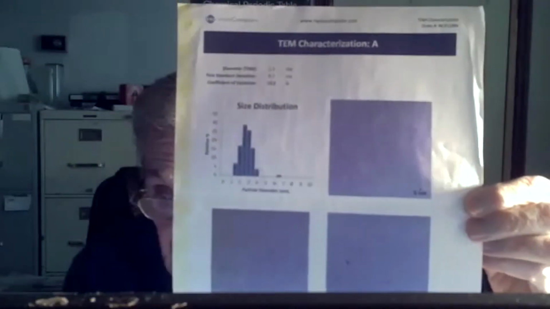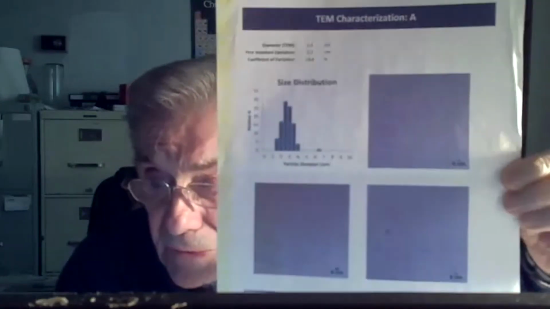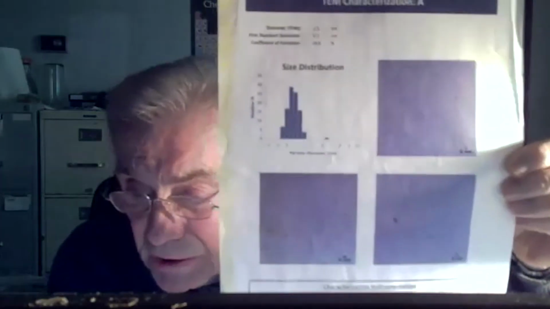This one's from the Nanocomposites company, showing that my nanoparticles have an average diameter of 2.5 nanometers, which by coincidence turns out to be the diameter of the spike protein of the coronavirus. So you need that very small size to destroy the spike protein, to zap it and disable it.